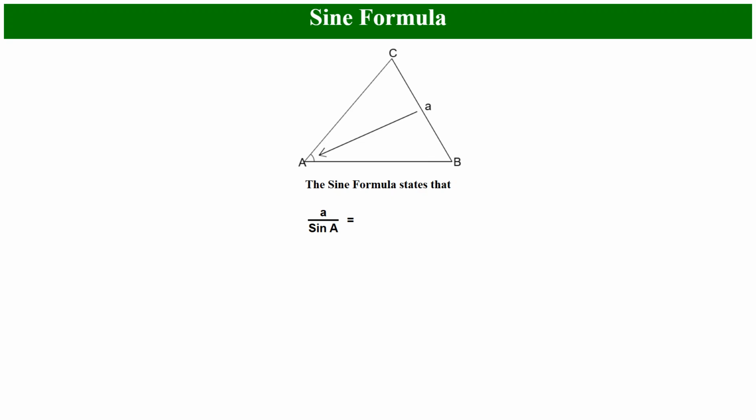So we have length little b, and that is opposite the angle B. So here we have divided by sine of angle B. And in turn, that is equal to the length little c, which we can see is opposite the angle C, so divided by sine of angle C. And that is the sine formula.